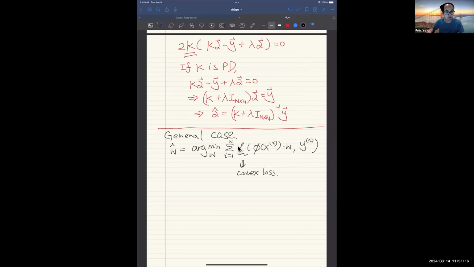So this is some convex loss function. And for the gradient descent update, we can find the optimal solution as follows.